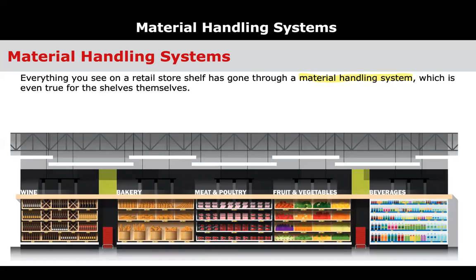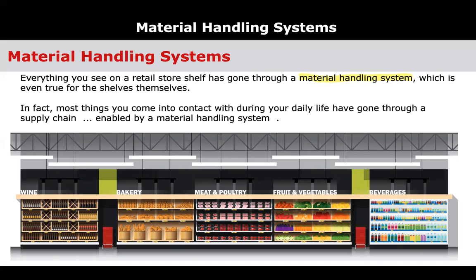Everything in your supermarket or any retail situation, if it's in the supply chain, has to be moved, and what's going to move it? A material handling system. Most things you come in contact with during your life have gone through a supply chain, which is enabled by a material handling system.